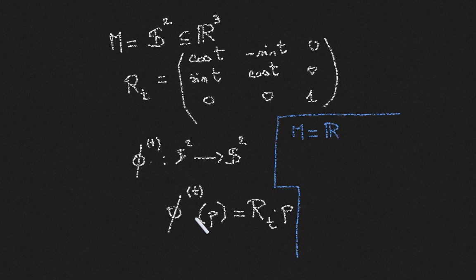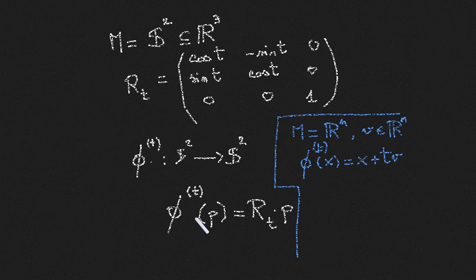We take Rn, we take a vector v in Rn, and we define phi with t of x to be x plus tv.